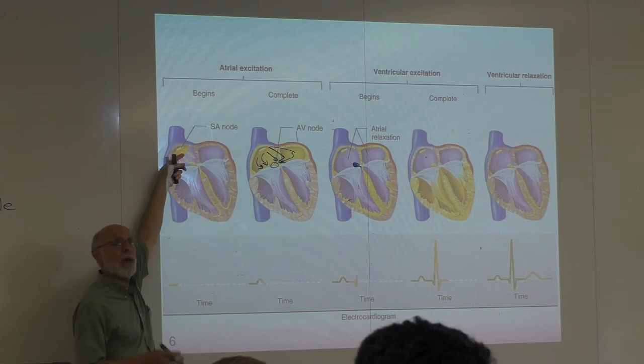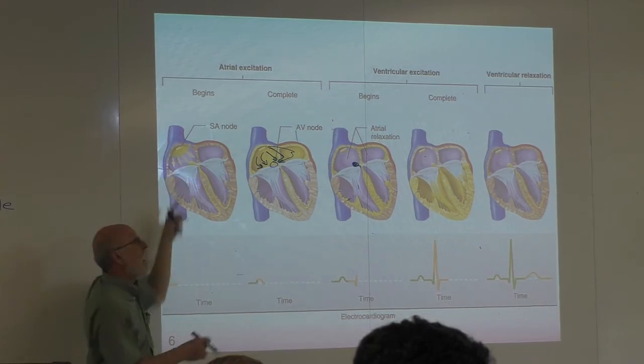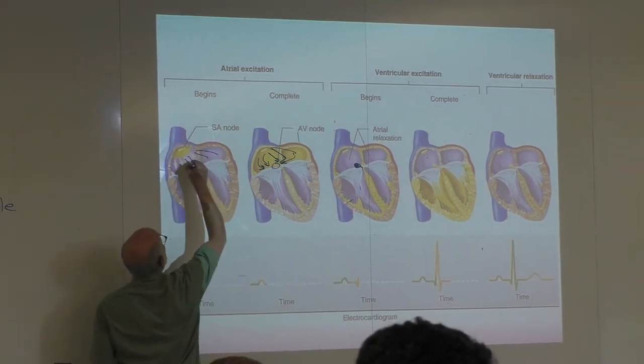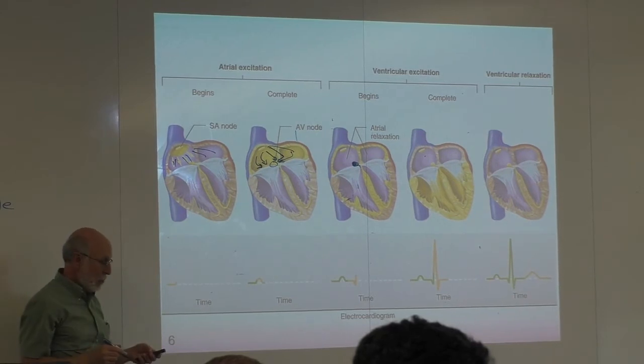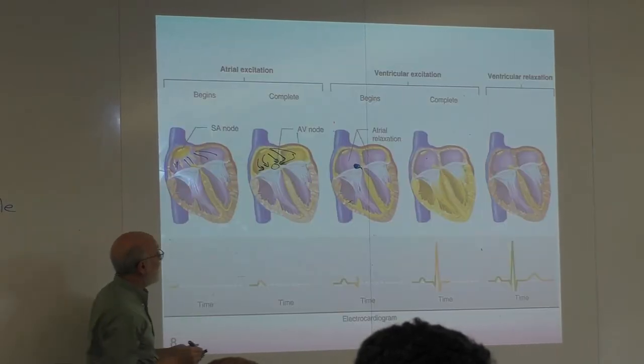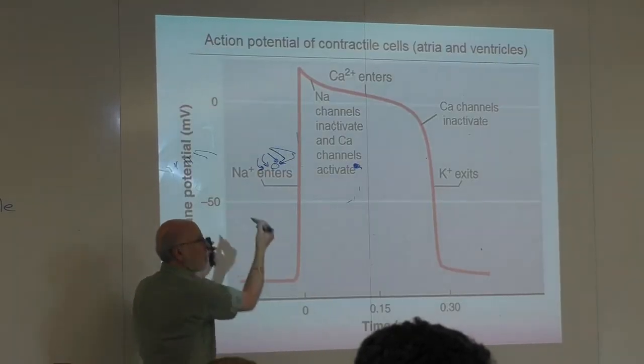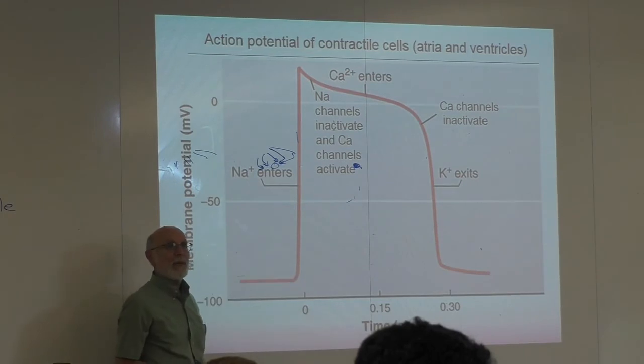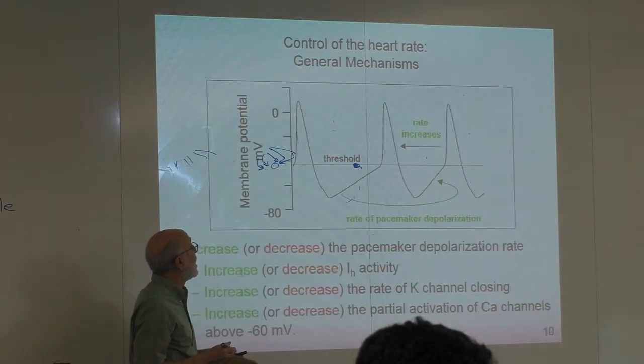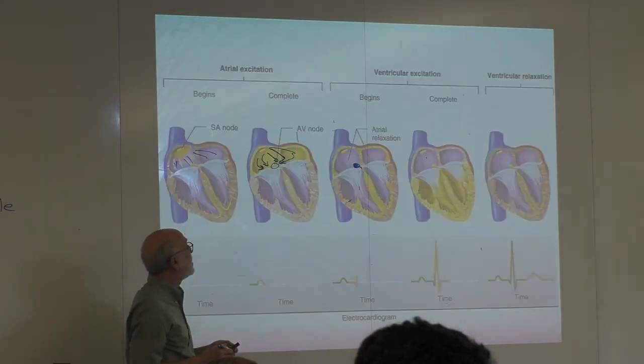So it's true that conduction in the SA node is slow. But eventually the conduction gets out of the SA node, and now we spread fast through the atria because the atria have a fast action potential. Now we get to the AV node, and we spread slow.